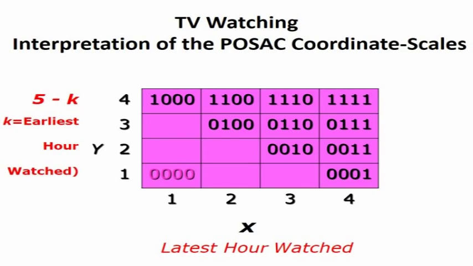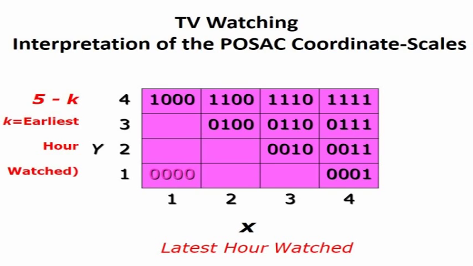Now, we want to interpret the coordinates, x and y. How do we do that? Well, while inspecting the x scores, 1, 2, 3, 4, we conclude that the x score represents the latest hour in which TV was watched.